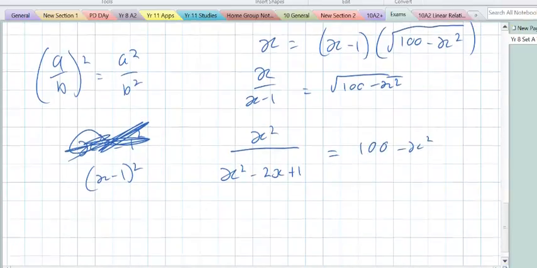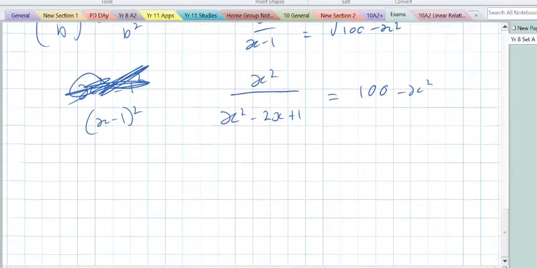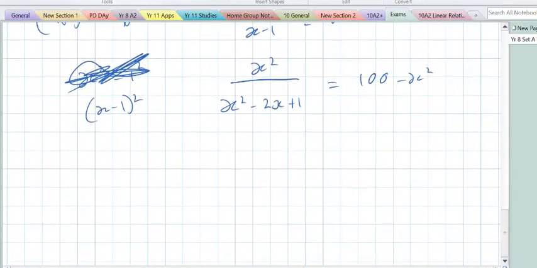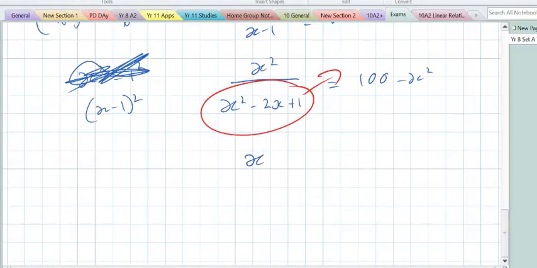Alright. Now, a little more work to do before we're eventually going to put in our calculator. I would bring this entire term here up, giving us x squared equals 100 take x squared multiplied by, note the brackets again, x squared take 2x plus 1.